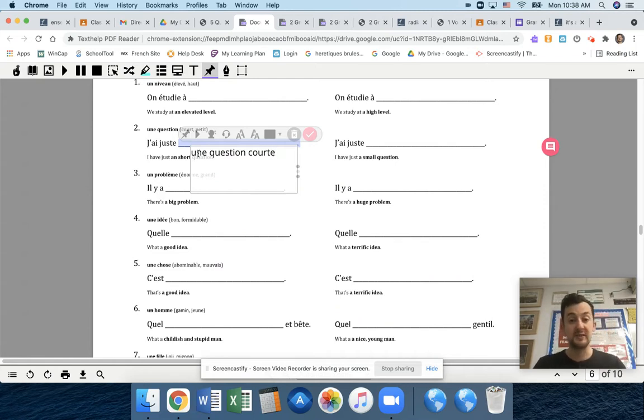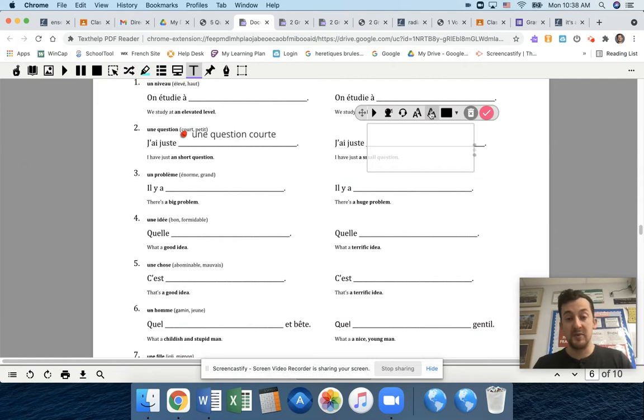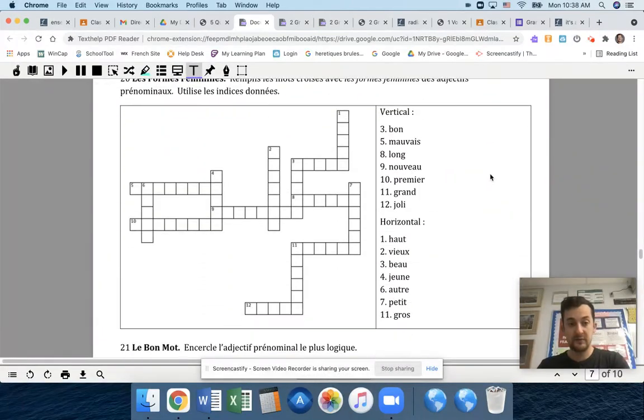Question is une question, so une question courte. All right, let's try that again. Une question courte. All right, just a small question, on the other hand, is going to be j'ai juste une petite question, and petite will go first. D'accord?